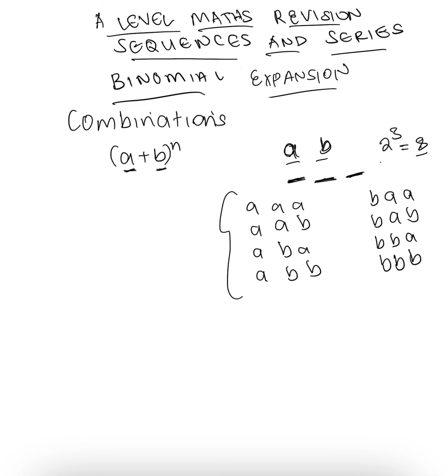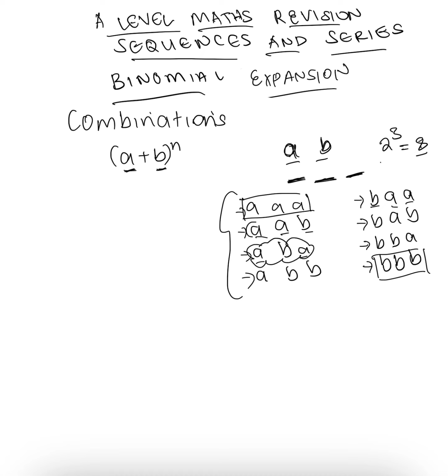Now, if the order matters, yes, you can arrange them this way. This shows that if you are listing them like this, it means that the order does matter. However, there is only one of these, and there's only one of these. And the scenario where there are 2 A's and a B, there are 3 of them.